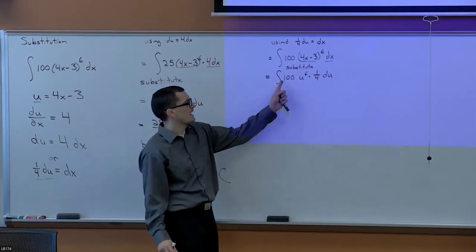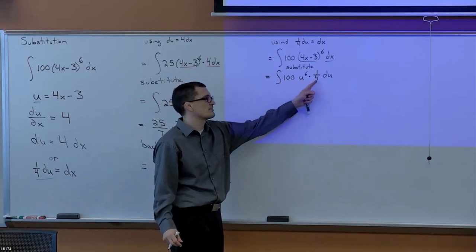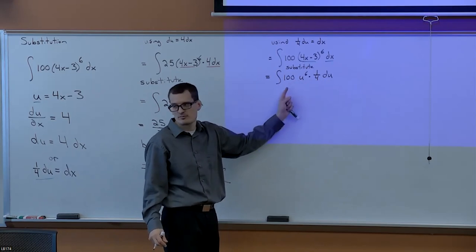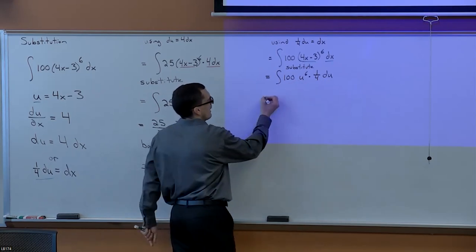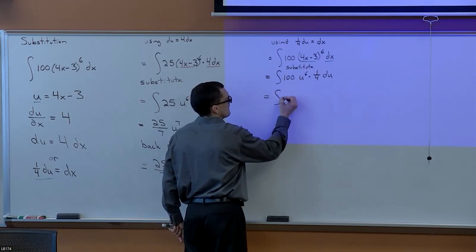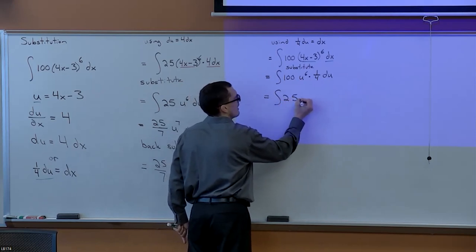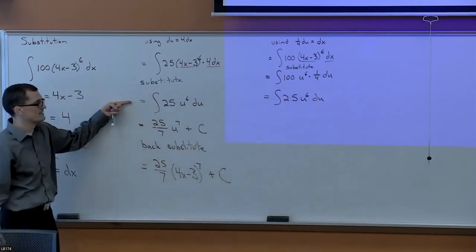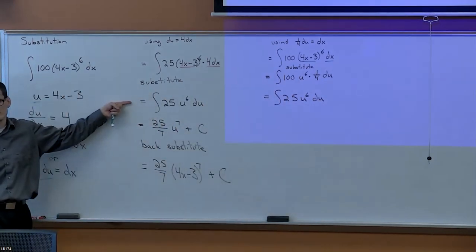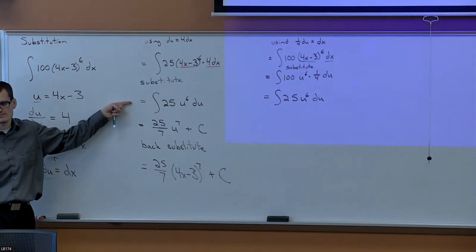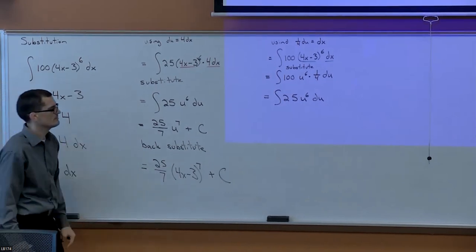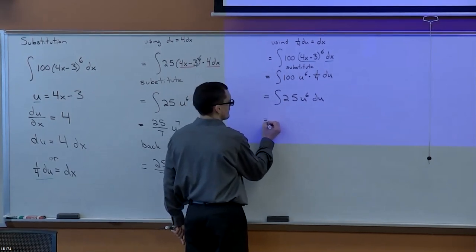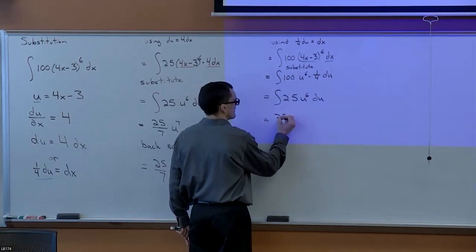And now because we have 100 times u to the 6th times 1/4 times du, that 1/4 and the 100 can multiply times each other. And you see, you get the same thing that we had in this step from before. So we integrate with respect to u.